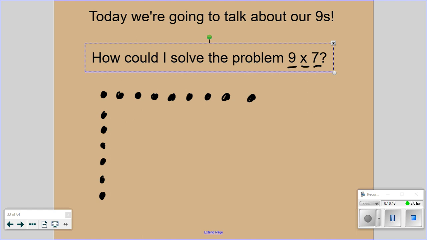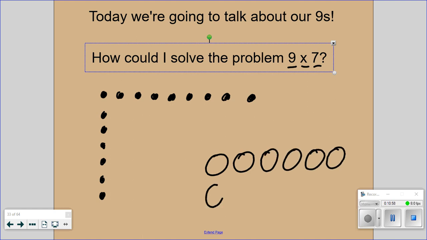Right? 7, what could I do? How many circles would I make? 9. 1, 2, 3, 4, 5, 6, 7, 8, 9. All right, I got my 9 circles. Now what? And then I'll put 7 dots for the number 7 inside each one.